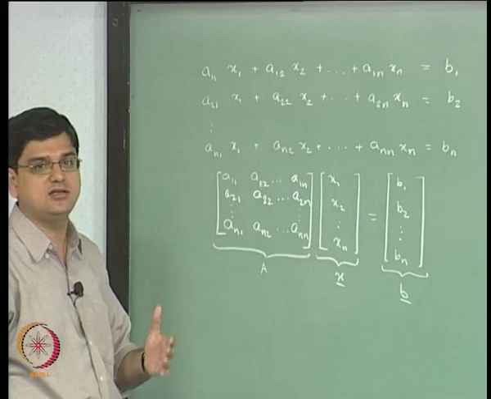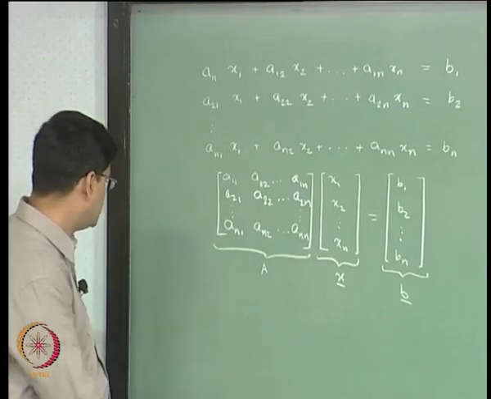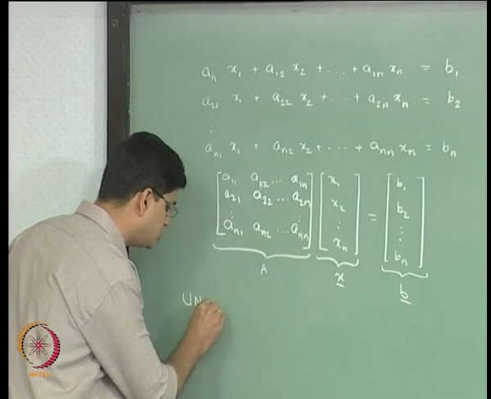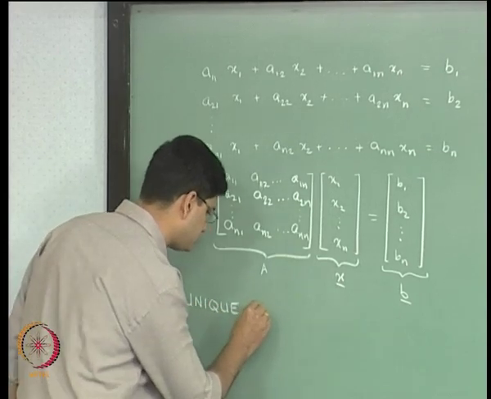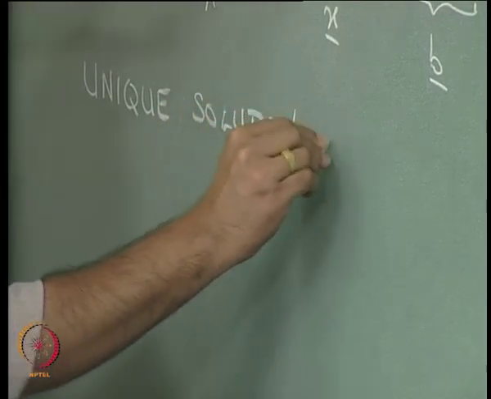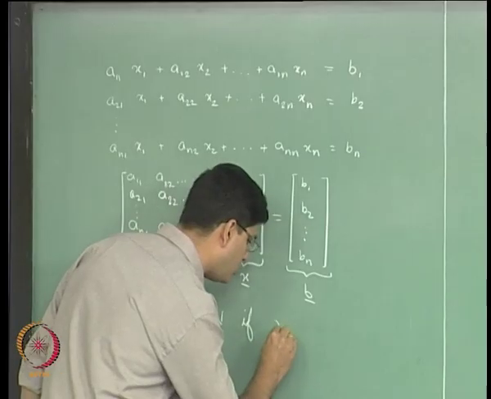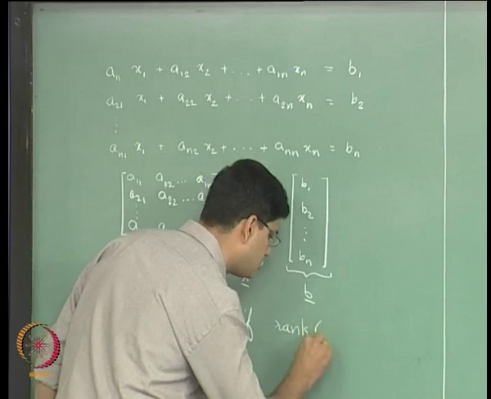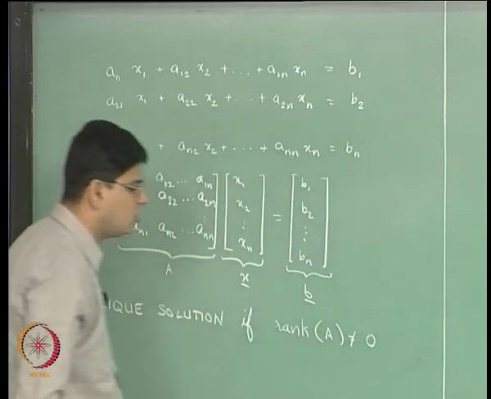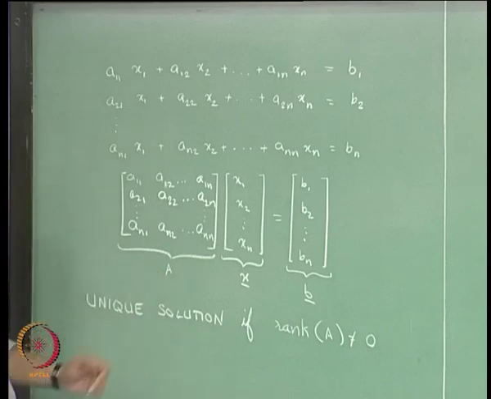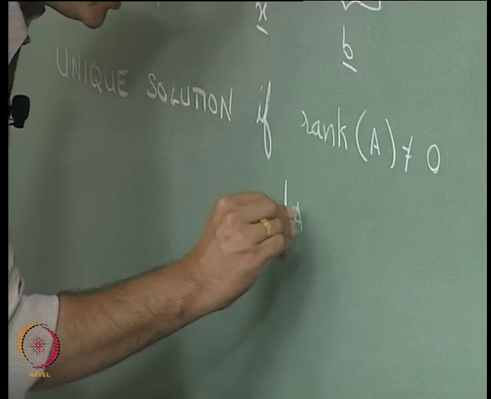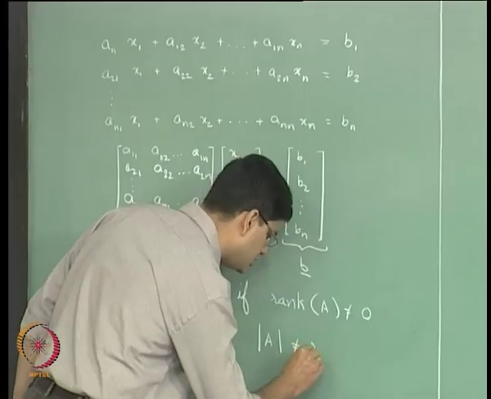What we had seen in the previous lecture is that the system of linear equations has a unique solution if rank of A is not equal to 0. Another way of putting this is that the determinant of A is non-zero.